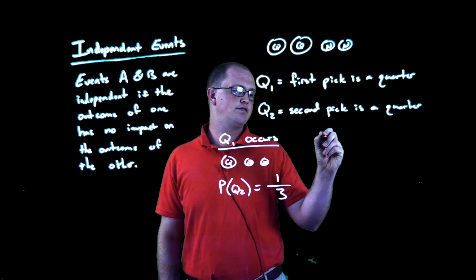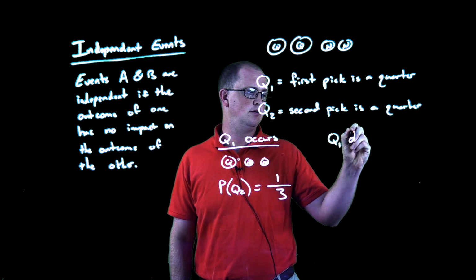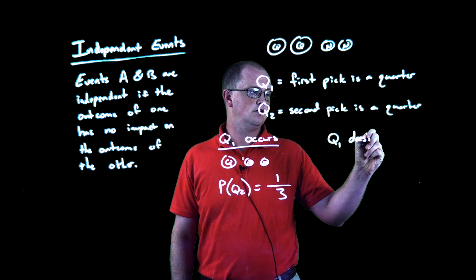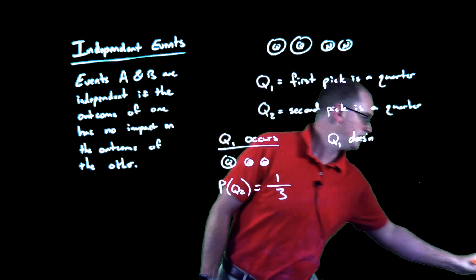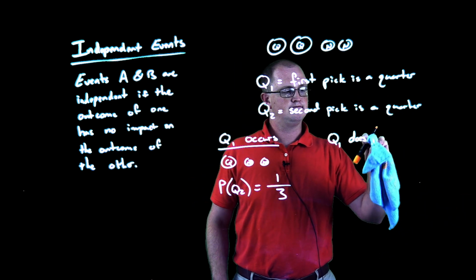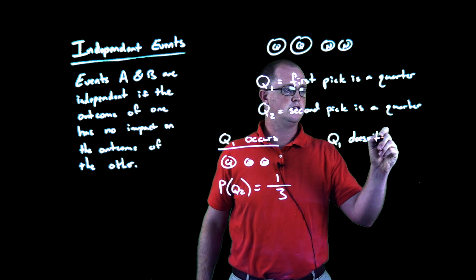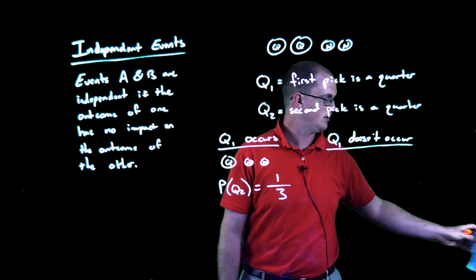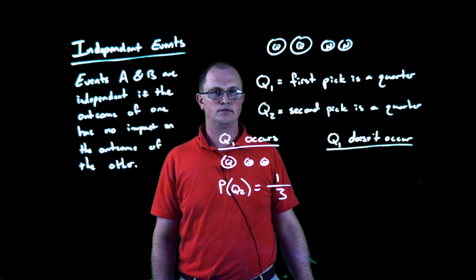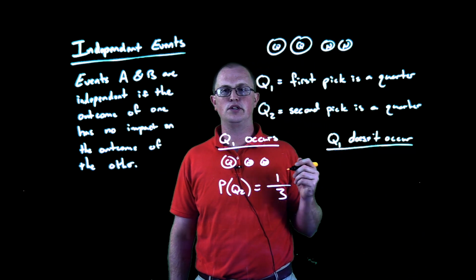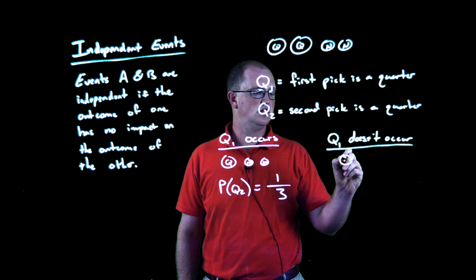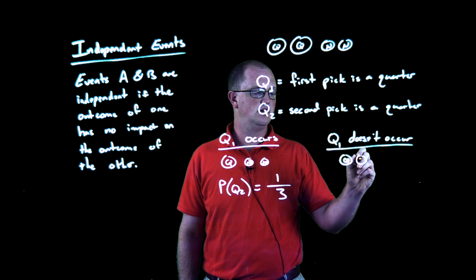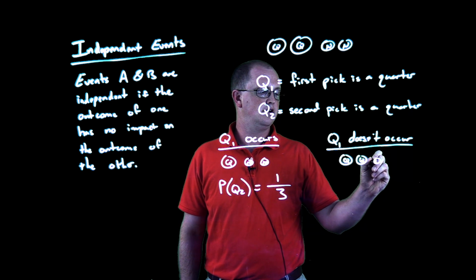But what happens if Q1 doesn't occur? Meaning that first pick, she picked a nickel. Well, then let's think about the 3 coins that are in her pocket. We have 2 quarters and a nickel.